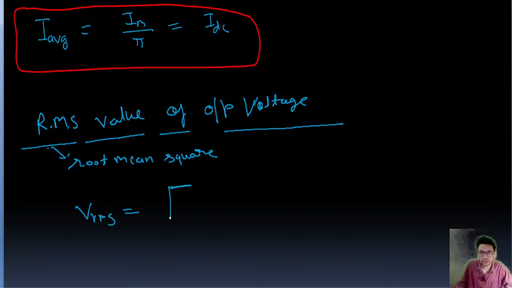VRMS is going to be root of V square average, right? So you need to know, guys, VRMS is root of V square average.